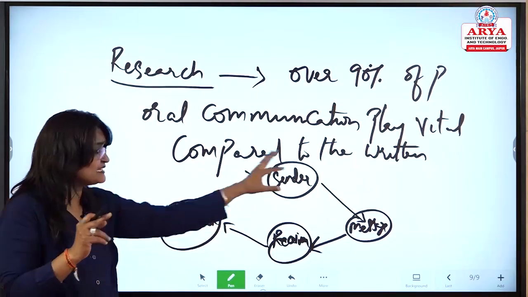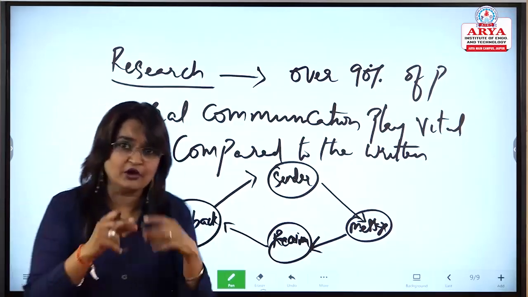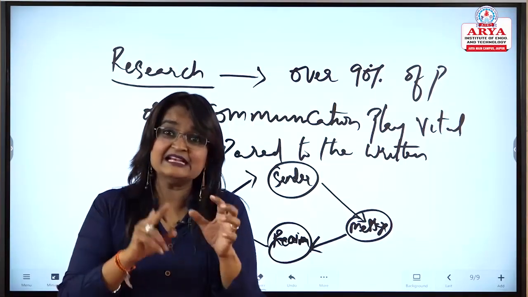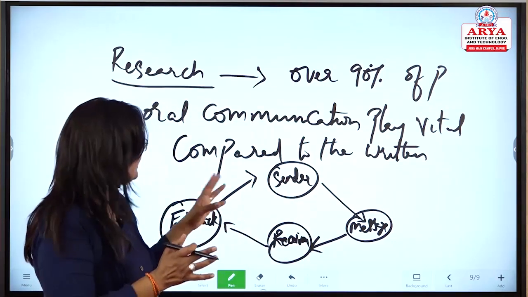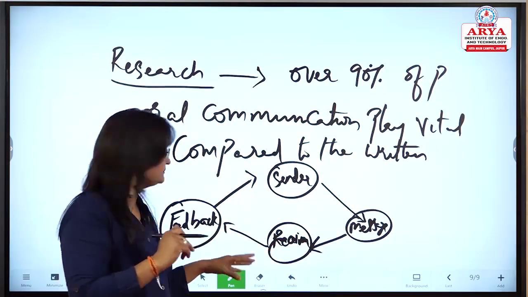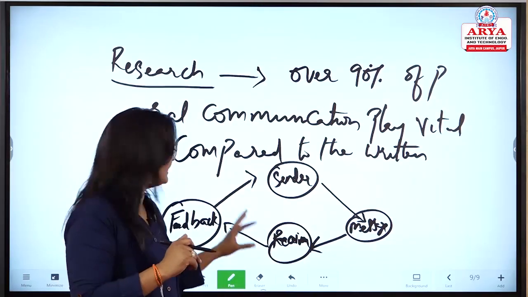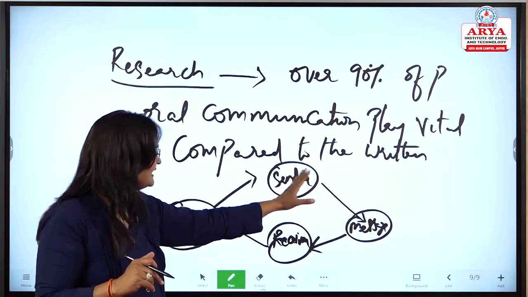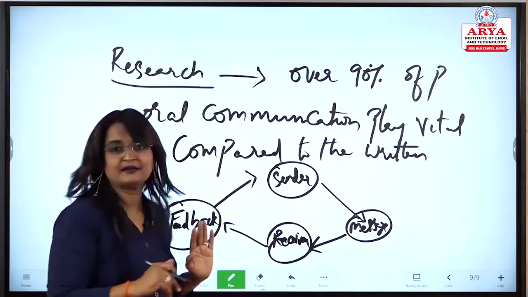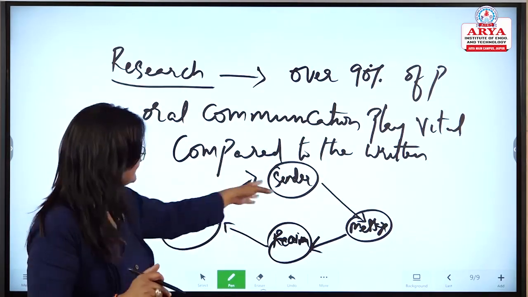Fine. So this is the whole cycle that goes on, and there are various barriers and other things that would come into it, which we would study further, so that we can understand the whole cycle: the sender, message, receiver, feedback. Again feedback, sender, message.